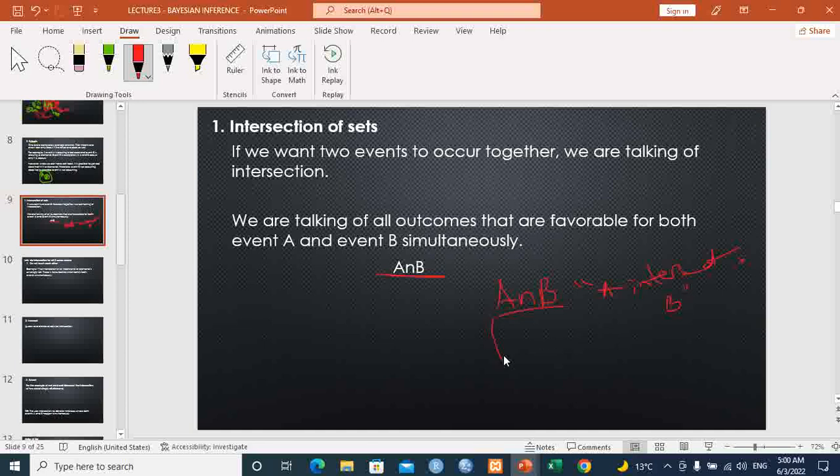What this means is that A and B are happening together. That is what we are interested in. Without much ado, let's look at the intersection of all our three cases.